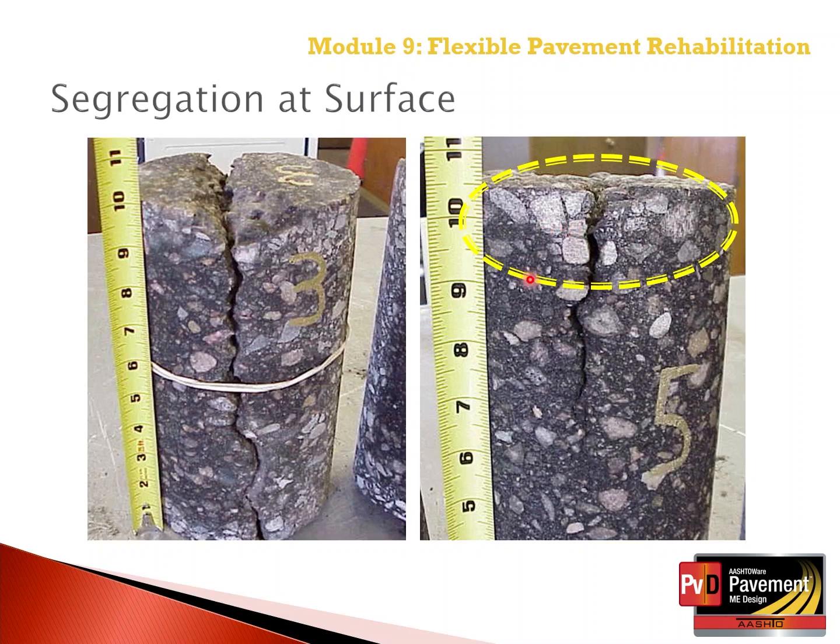This project could be still maybe cold mix recycling at the surface, may even include hot in place recycling to remove the segregated material and then put in some kind of treatment for reflection crack mitigation for those cracks that go below the wearing surface. But the rehabilitation strategy for this project would be a lot less severe, a thinner asphalt overlay than for the project on the left.